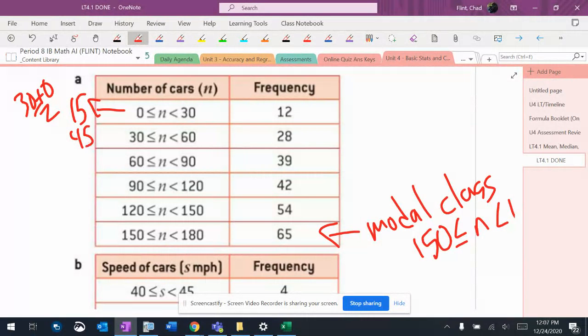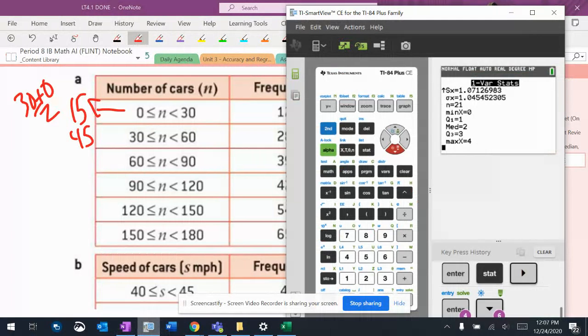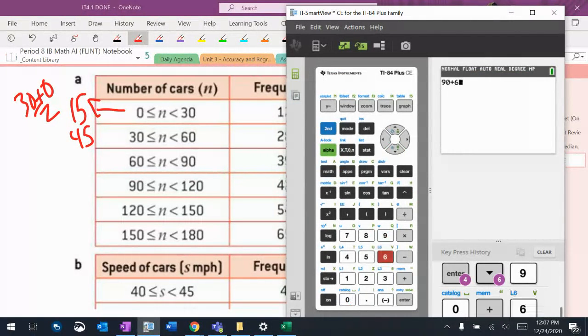This one's going to be 45. This one's going to be 90 plus 60 divided by 2. So that's 75.